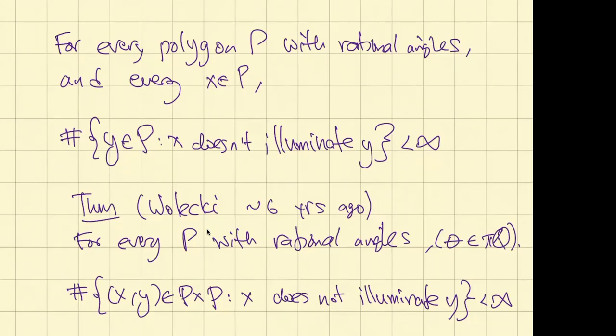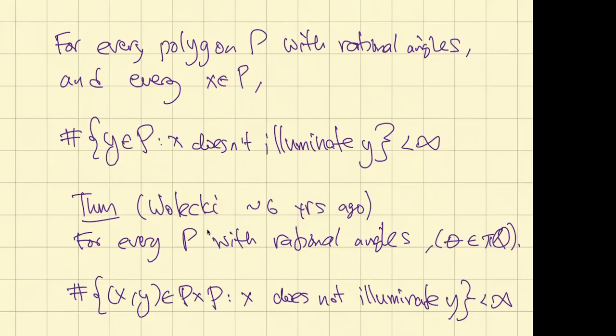And the points that don't illuminate each other should be vertices of these polygons, or maybe a slightly less restrictive condition. I think somehow the technology at hand might make such a theorem possible. We don't have it yet.